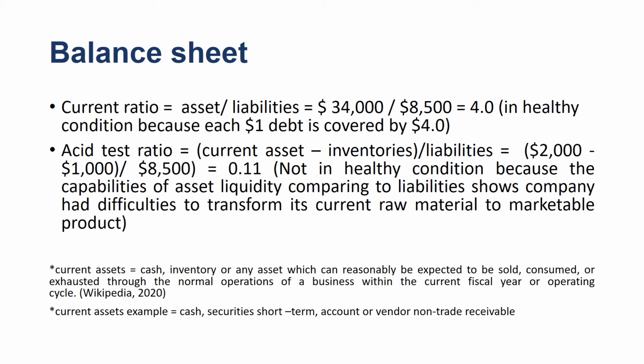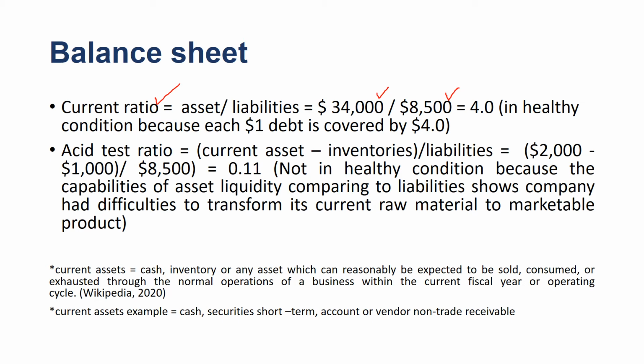Once we have categorized the balance sheet, what we need to do now is to calculate the current ratio, based on assets per liabilities of the company. In our case, the total assets of the company is 34,000, divided by 8,500 of total liabilities that we got.